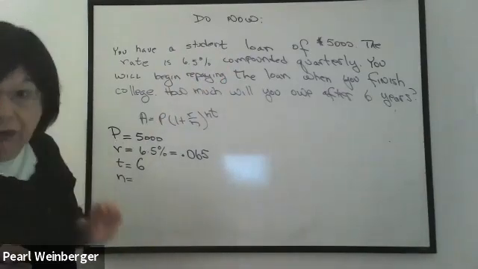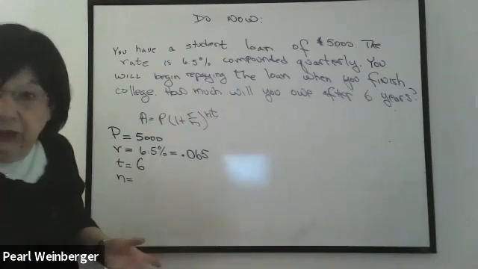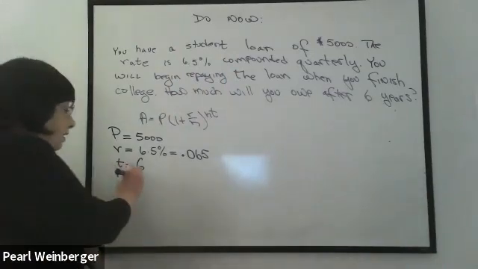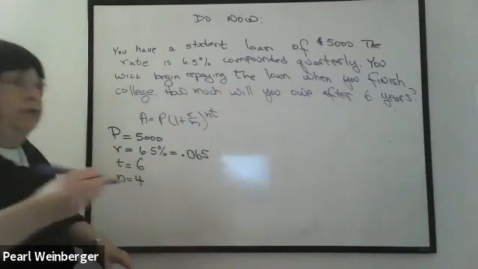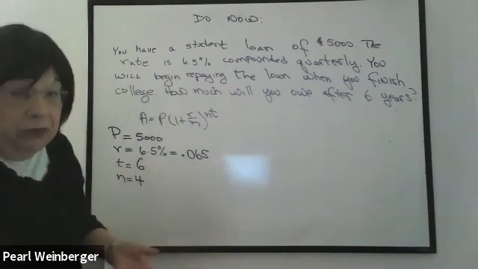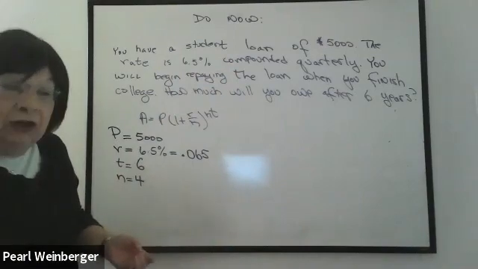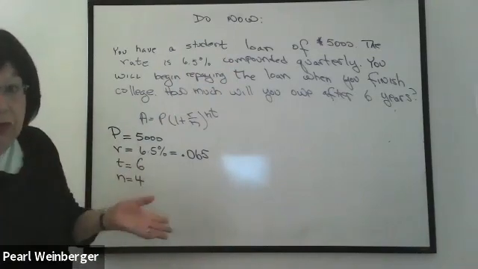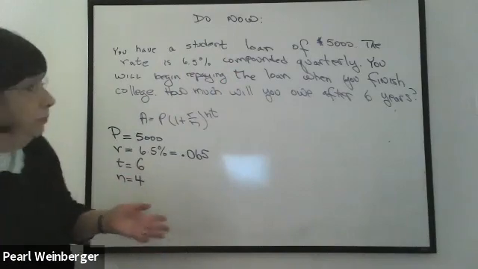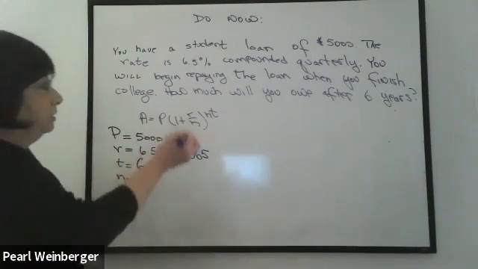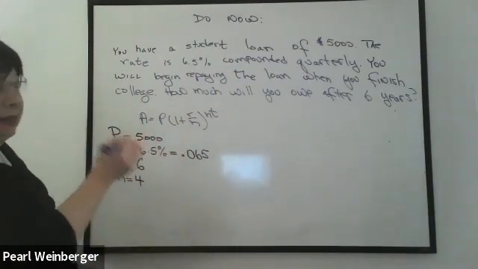Quarterly means every 3 months. How many times a year is that happening? Obviously, it's 4. If it would have said compounded monthly, we would have used the number 12. If it would have compounded annually, that means only once a year, we would have used N equal to 1.